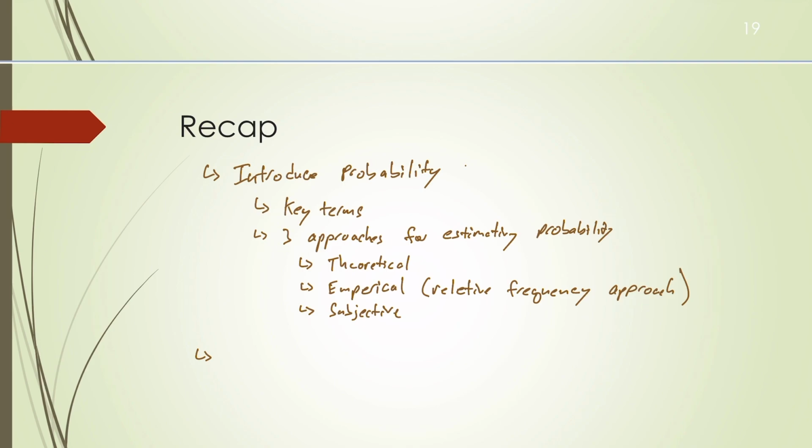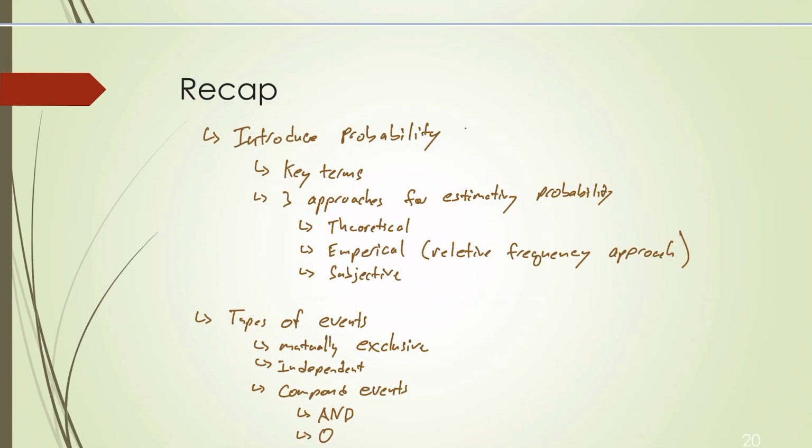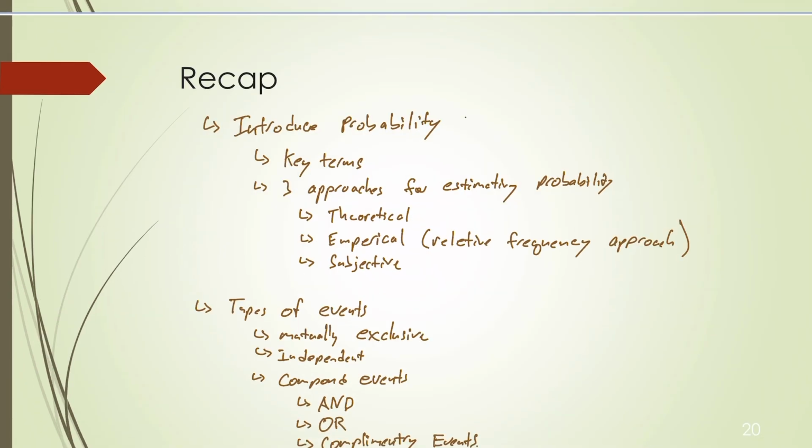We then looked at different types of events: mutually exclusive and independent. We also talked about compound events, and events, or events, complementary events, and that brought us to our very first rule, which is the probability of A not, or A prime, or not A, equals 1 minus the probability of A occurring.